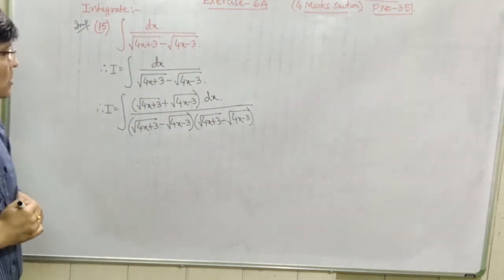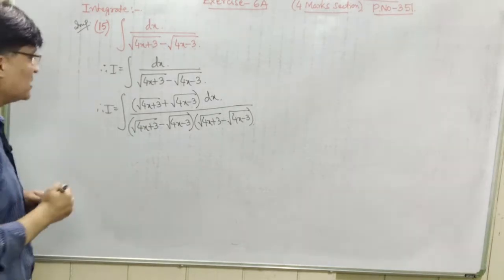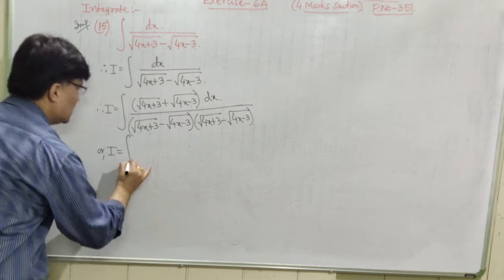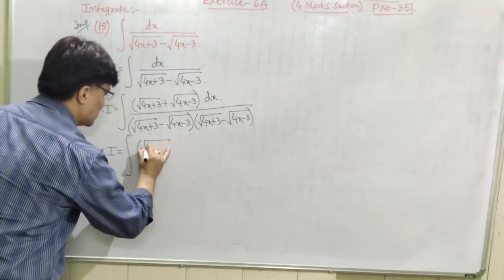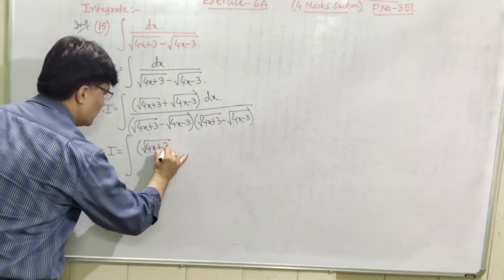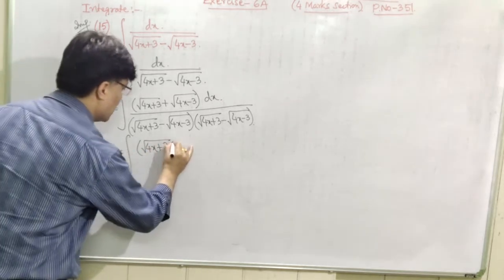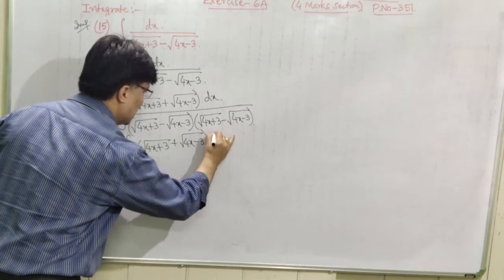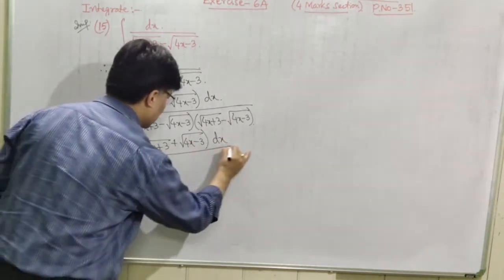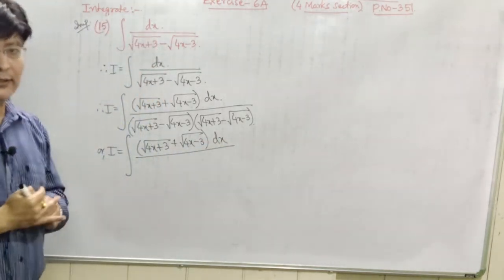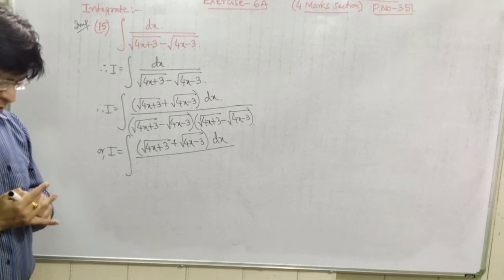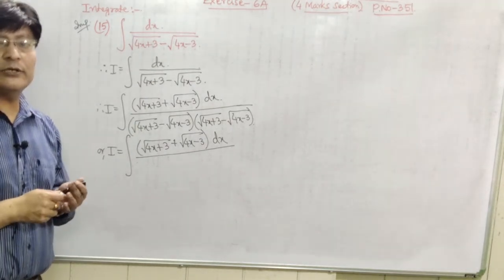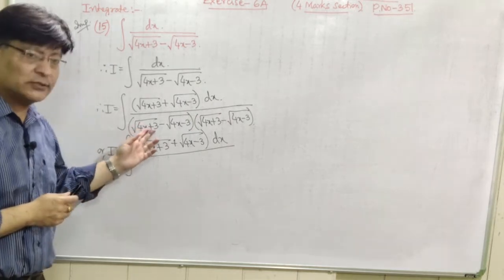Okay. So next, now you can simplify the denominator. I is equal to integration of, let us keep the numerator as it is, root over 4x plus 3 plus root over 4x minus 3 dx, divided by, in the denominator you can multiply these two factors.